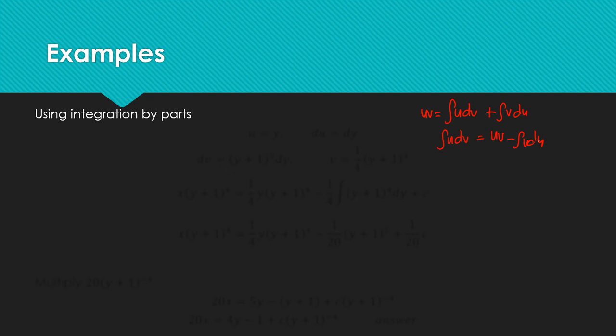So, yan yung gusto natin makuha. So, yung hahanap tayo ng pwedeng maging u, hahanap tayo ng pwedeng maging dv. Tapos, perform natin tong equation na to.